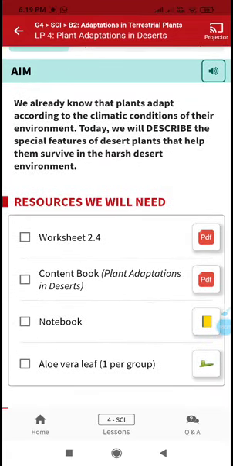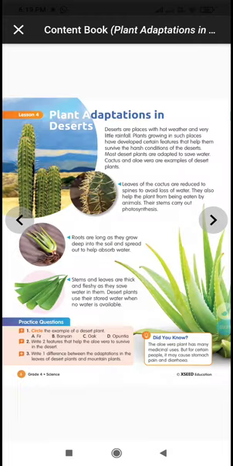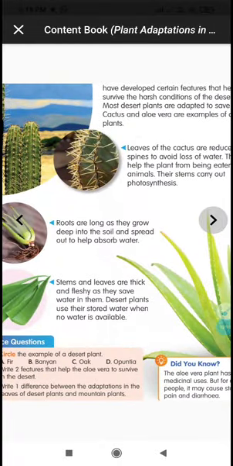Now we will see what other adaptations are shown by desert plants. You can see here a cactus plant. See how the leaves are changed into spines.